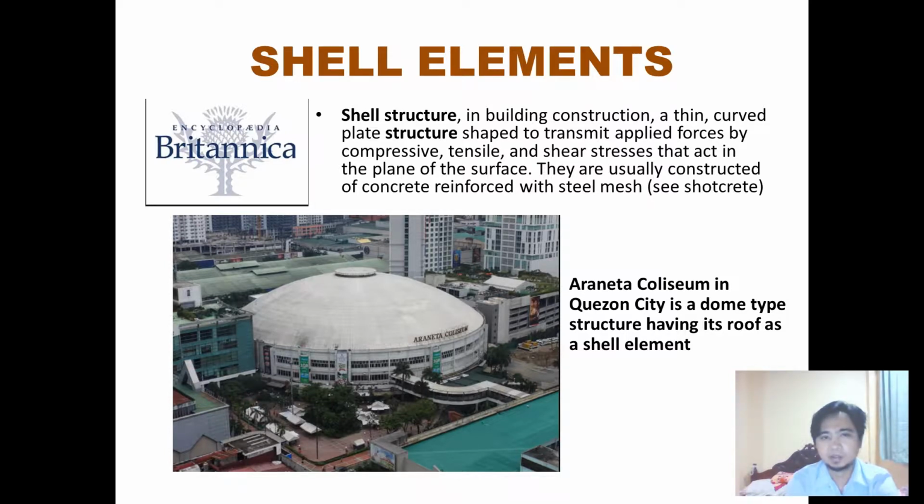Okay, so why would we like to incorporate it? Because first of all, the dome shape is a reverse curvature, wherein instead of having a bending effect, it will have a compressive effect because it is a reverse shape.